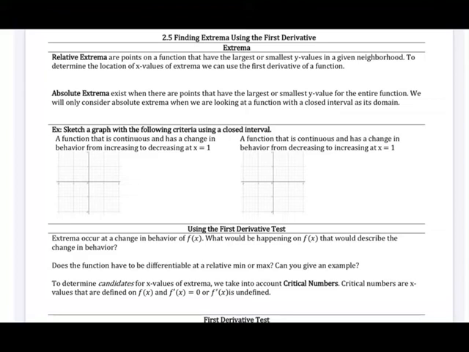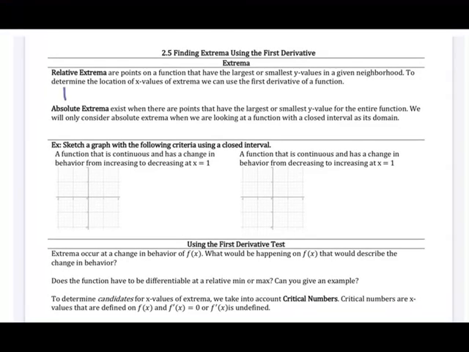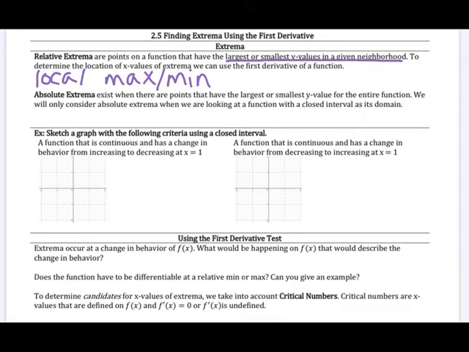So relative extrema, again, you may have referred to them in previous classes as local max and mins, are points where the function has the largest or smallest values in a given neighborhood. So for example, I'm going to just sketch a function off to the side.